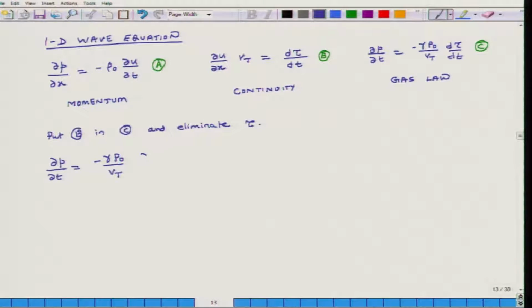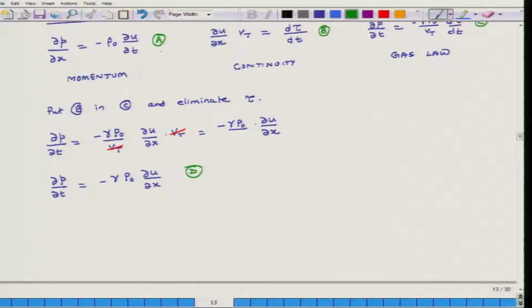So, I put in there del u over del x times V t. This V t and V t cancel out. So, I get del p over del t equals minus gamma p naught del u over del x. I will number this equation as equation D.